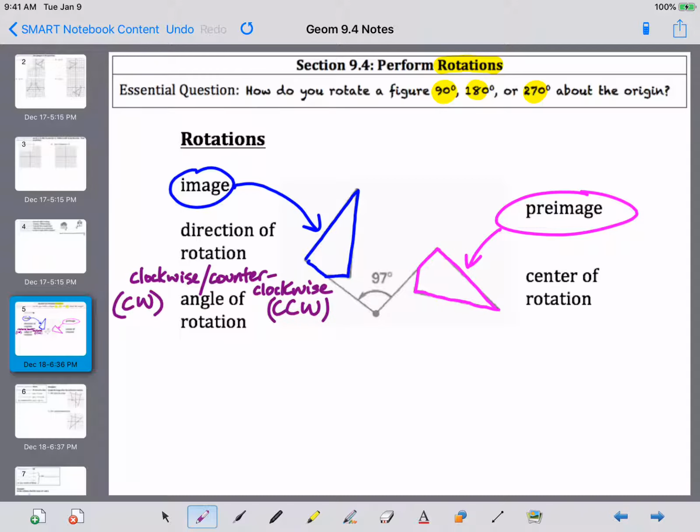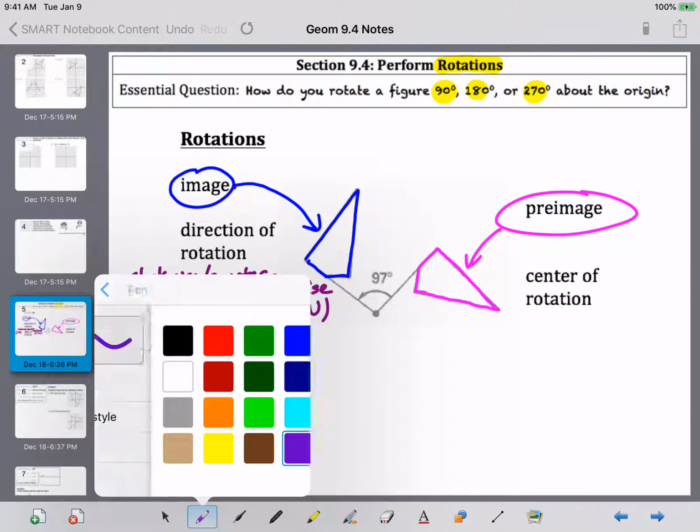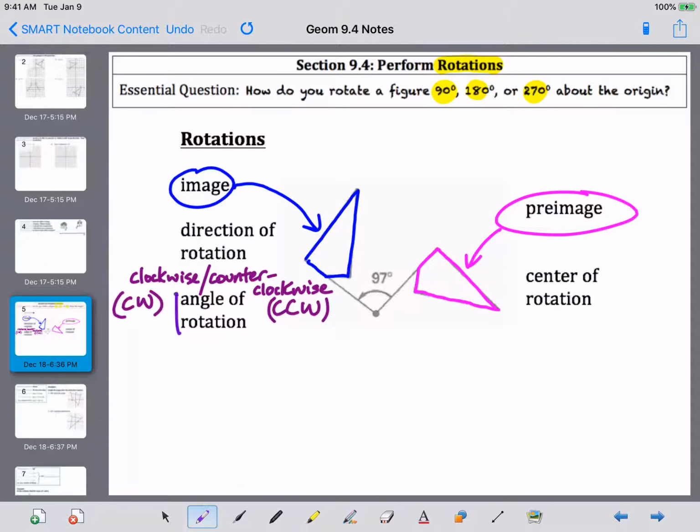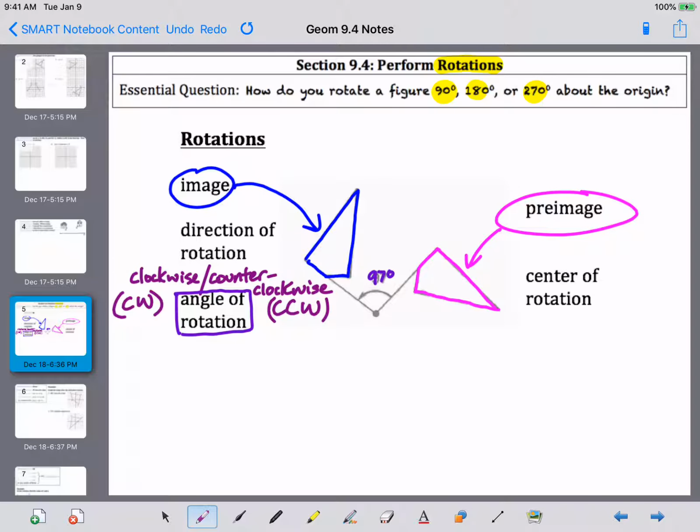All right, the angle of rotation is the number of degrees that the figure turned. So in this case, the angle of rotation is this 97 degrees. In this figure, you might notice that it's turning this way, so the direction of rotation here would be counterclockwise.